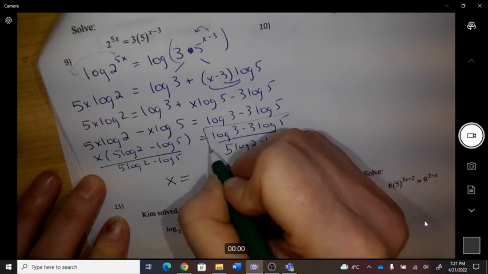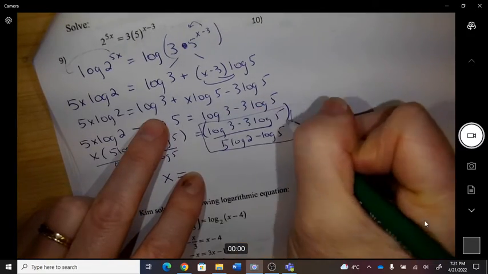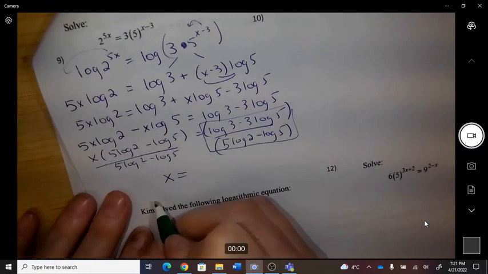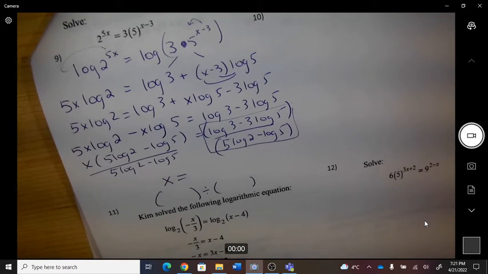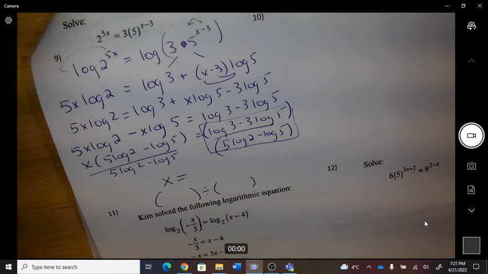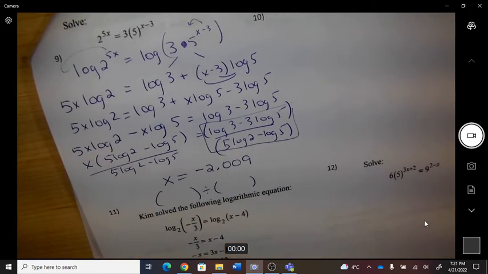And I'm going to type that into my calculator. So be careful, you'll want brackets divided by brackets, right? When you're typing into your calculator, that's how you want it to look. And my final answer, once I've typed it into my calculator, negative 2.009.